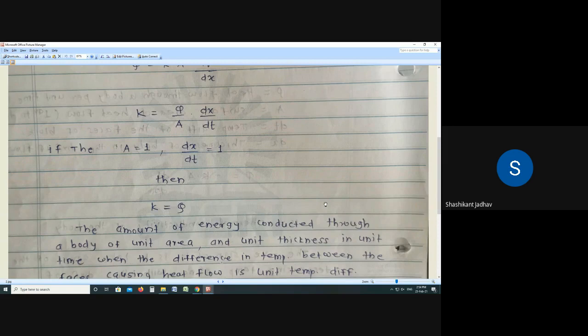So now our aim is to understand the concept of thermal conductivity. Suppose the area is equal to 1, meaning unit area, and dx by dT is equal to 1, meaning the temperature gradient is equal to 1.